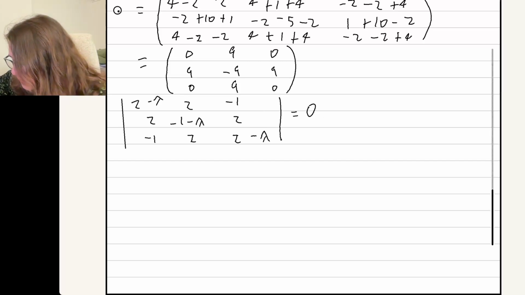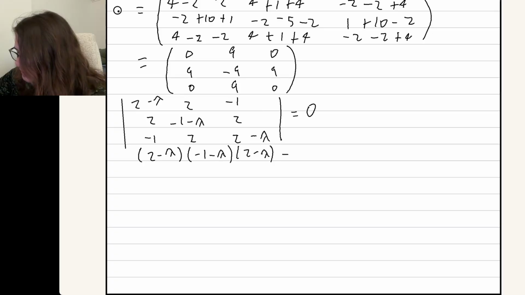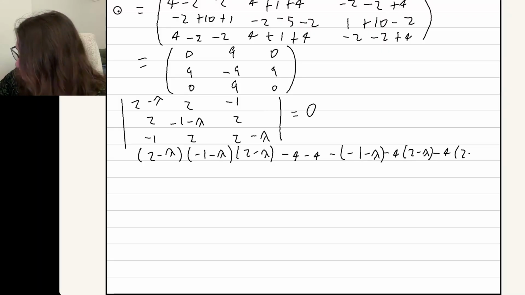So we've got 2 minus lambda times minus 1 minus lambda times 2 minus lambda, minus 4 minus 4 minus 1 minus lambda, minus 4 times 2 minus lambda, minus another 4 times 2 minus lambda. Set that to 0.